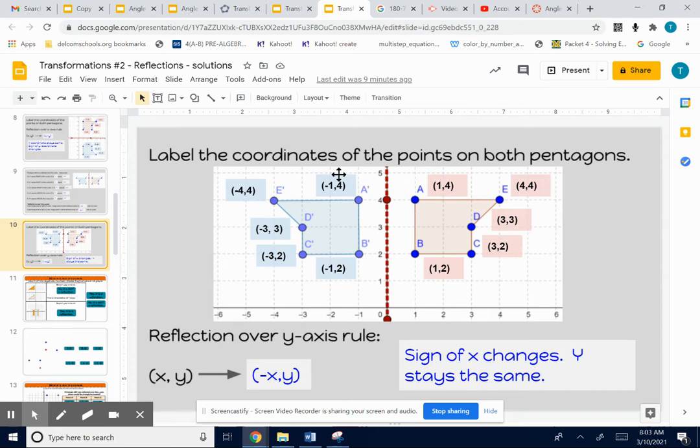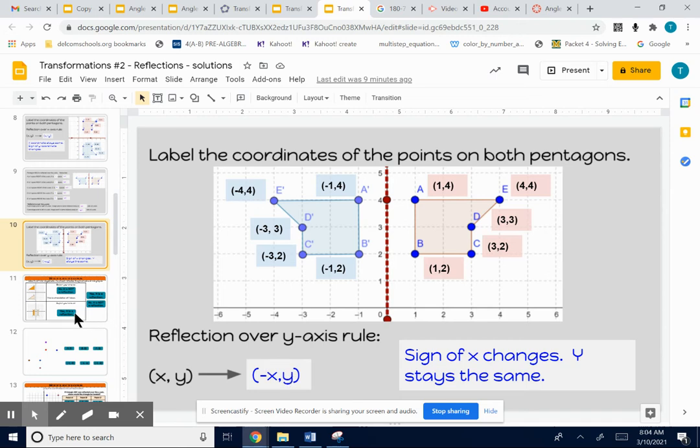See, in these problems, the x coordinates change sign. The y coordinate stayed the same. So the rule for a y-axis reflection: (x, y) maps to (-x, y). That's just a shortcut way of showing you that the x coordinate changes sign and the y coordinate stays the same.